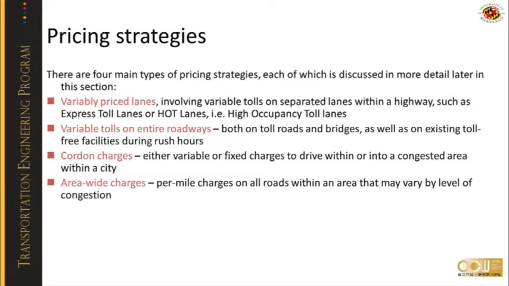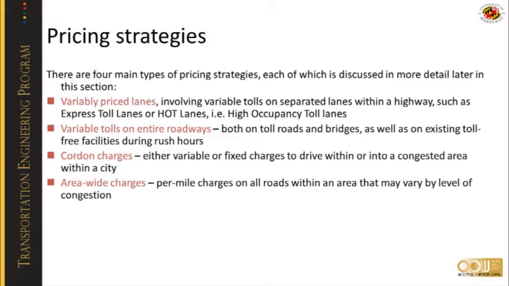Now, this is a second application for which I think mixed logit is quite appropriate in transportation. And this is for pricing strategies. So what we did here, there are different ways to price infrastructure, right? And what you can do, for example, is to price lanes in a variable way.